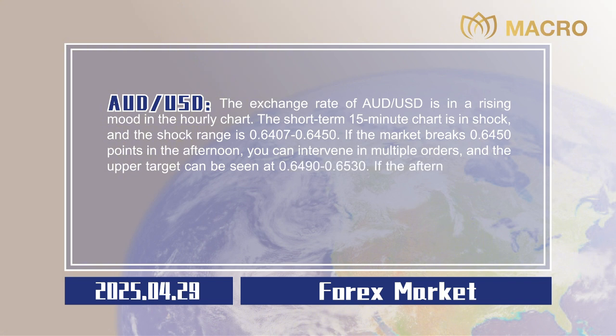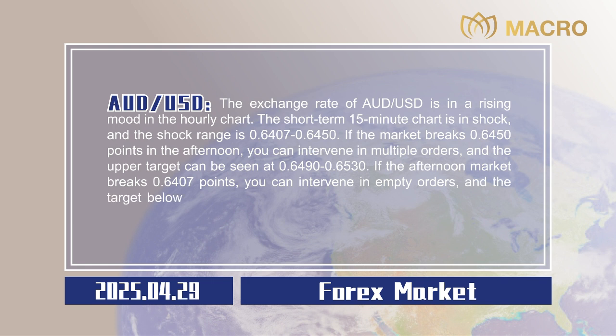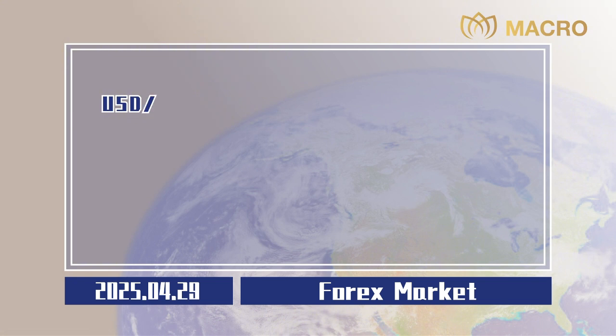If the afternoon market breaks 0.6407, you can enter short orders, and the lower target can be 0.6340 to 0.6270. Stop losses are all 20 points, 0.0020.